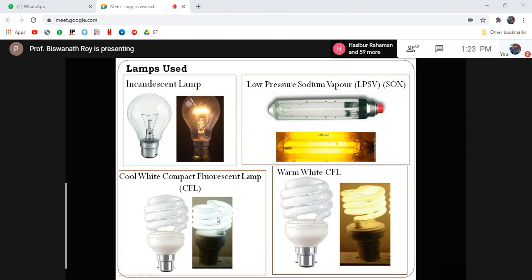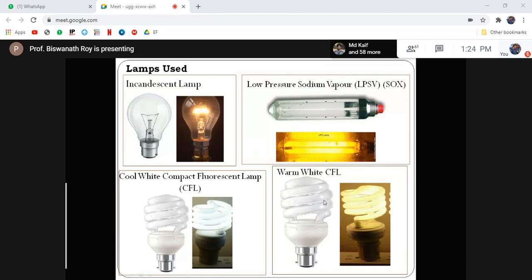Cool means that when we look under daylight, the color appears bluish. That's why this is the cool daylight type, cool white CFL lamp, whereas the color of the warm white CFL is yellowish. But this yellow and that yellow are totally different.